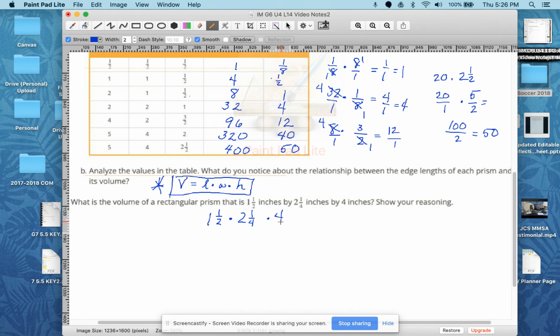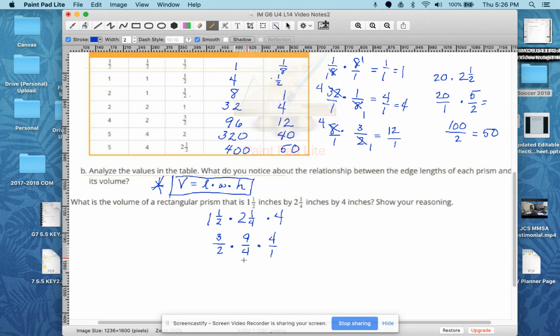We've got to turn all of those into improper fractions. So 2 times 1 is 2, plus 1 is 3, that's over 2. 4 times 2 is 8, 8 plus 1 is 9, and that's over 4. And then 4 is 4 over 1.